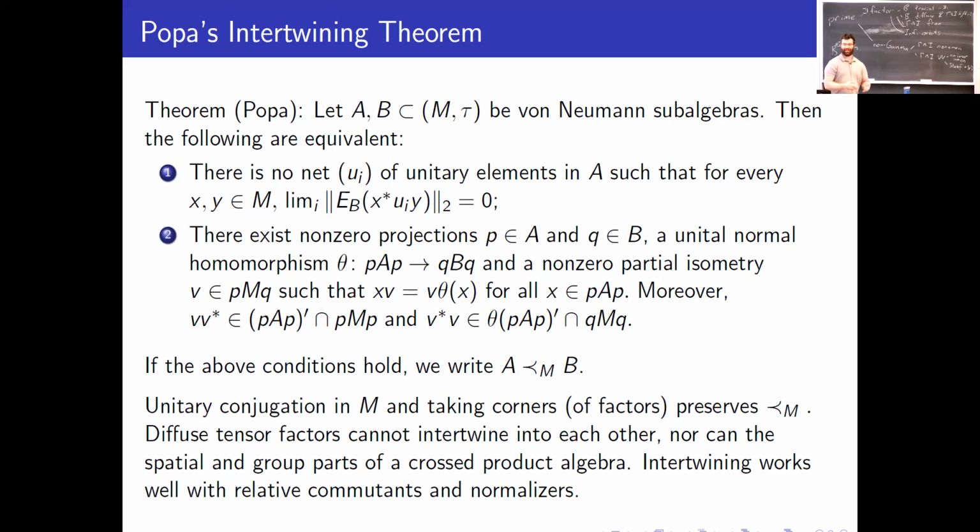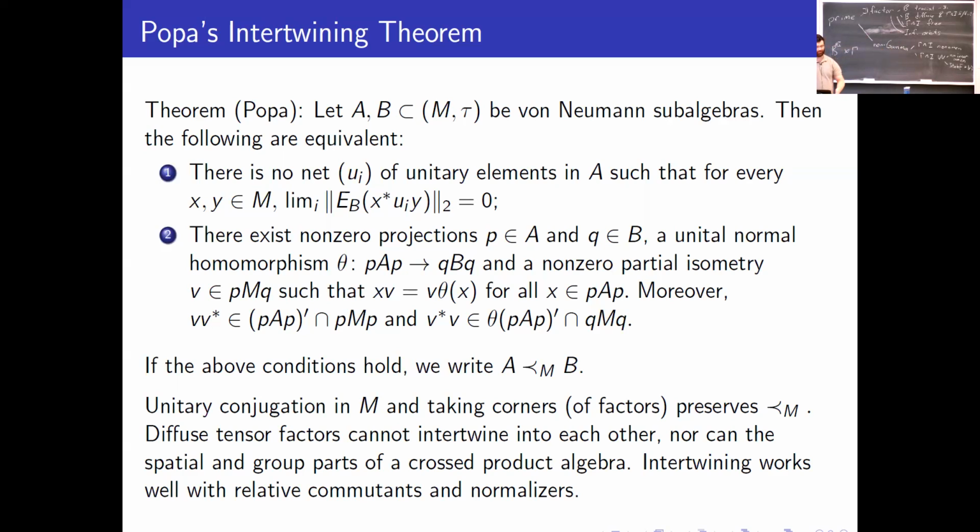And by nice, I mean you can actually get your hands on it and start computing. You can start writing down like, oh, the expectation of this onto this is something, and you can do some estimates, probably some Cauchy-Schwarz at some point, and you get a contradiction. And then you can say, well, there must have actually been a homomorphism intertwined by a partial isometry. Right? So you get kind of this local thing you can compute with the unitaries, and you get this somewhat more global property of how algebras live inside each other inside the larger ambient algebra.